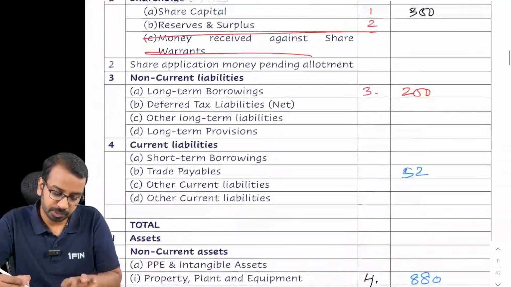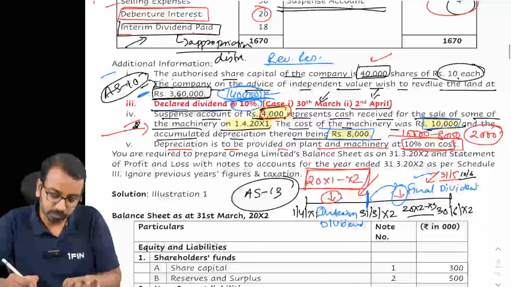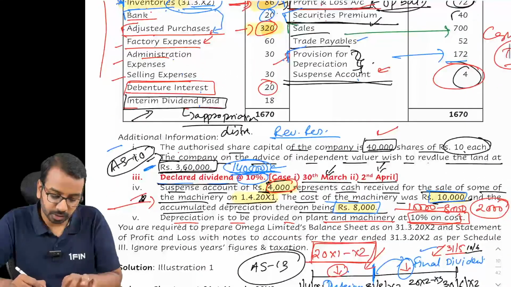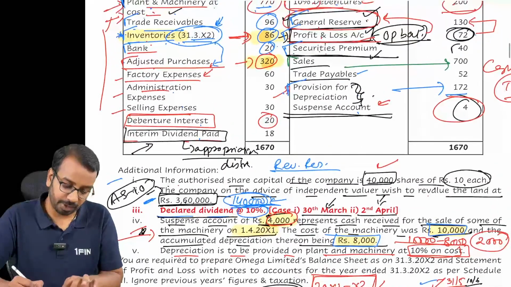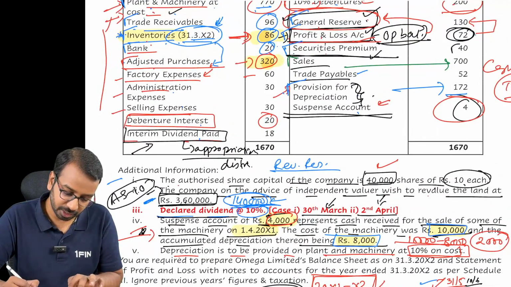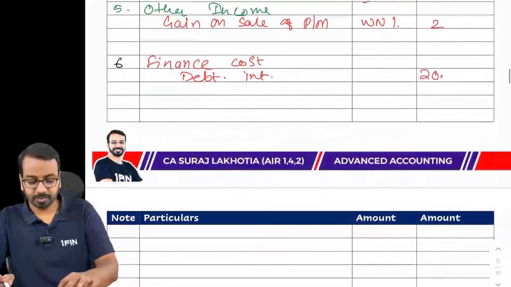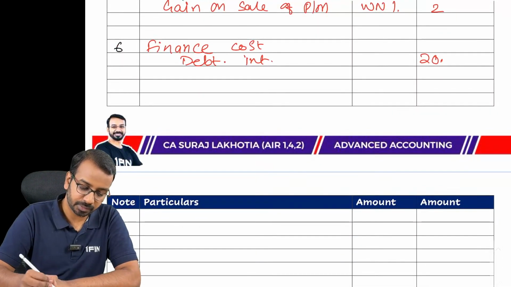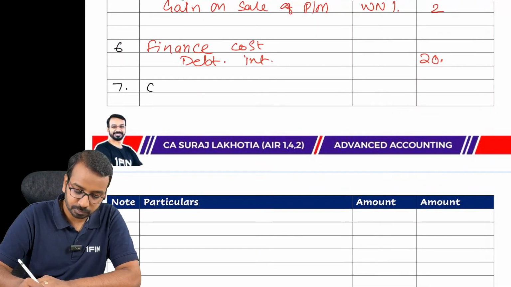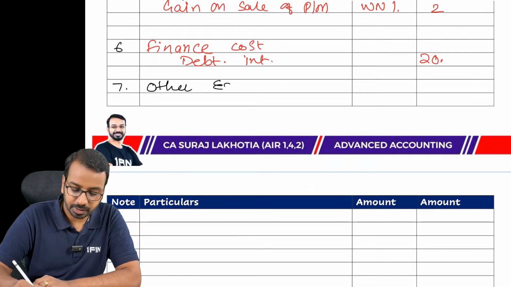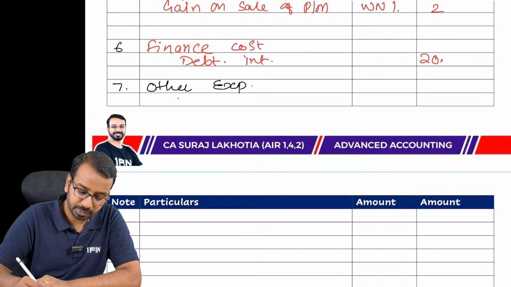Then we have these expenses. Factory expenses 60, admin expenses 30, selling expenses 30. So note number 7, other expenses.